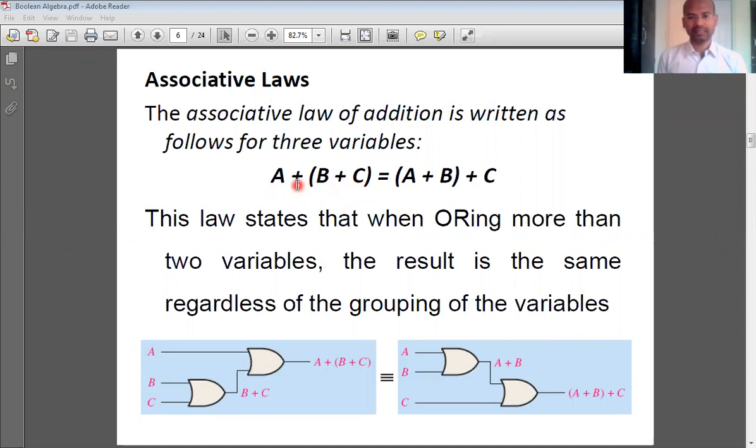What is the operation in digital electronics for addition? OR operation. And what is the symbol of the OR operation? Plus. Now, if you have three variables to be added, in what order do you add them? Take B and C, OR them, and to the result we add A. Keep it one side, and let's see the other way.